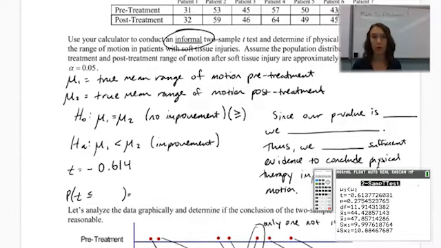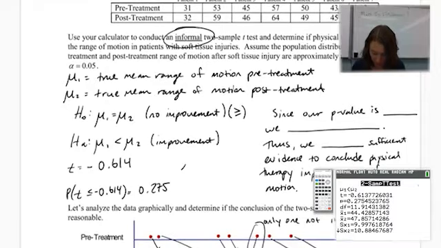Remember, this is super informal. If we were doing a formal test here, we would want to show the equation for our t-value and how we get our probability. This is just to talk about the numbers. Our probability that t is less than or equal to negative 0.614 would be 0.275. If we use an alpha level of 0.05, then my p-value is much larger than alpha.